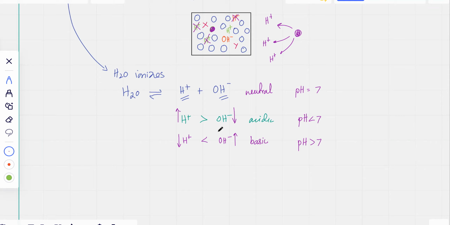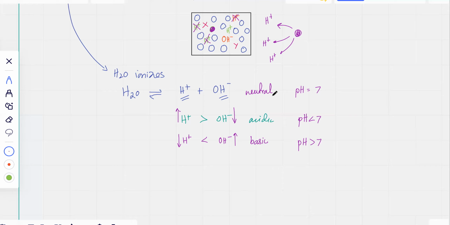Whenever a living organism has a problem, or whenever there's a problem with any reaction, the first thing that you check is whether the pH is right or not. Every reaction has a particular preference. Some require highly acidic solutions, some require highly basic solutions, some require neutral solutions.